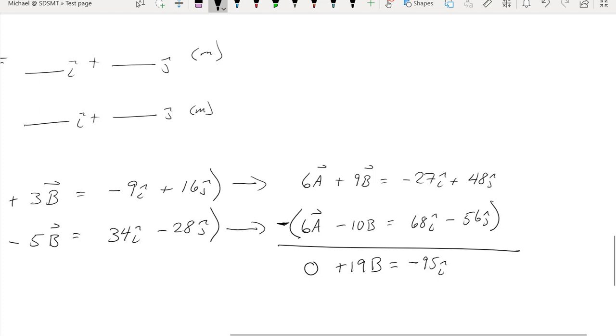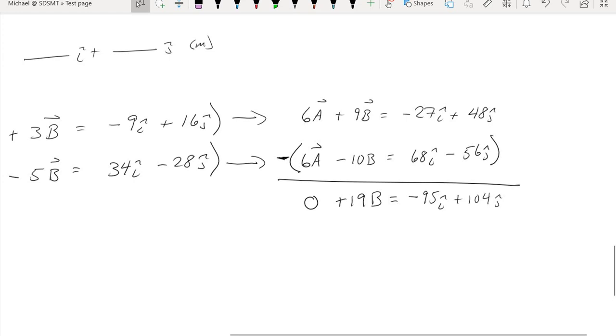We have 48 minus a negative 56, so that's actually 48 plus 56, 104. And now all that's left is an equation that has one unknown term in it, and that unknown term is b.